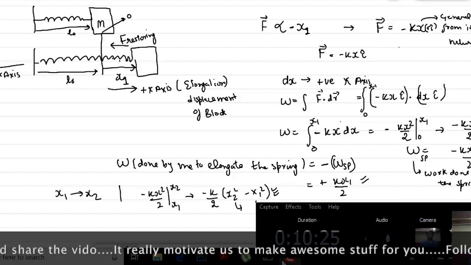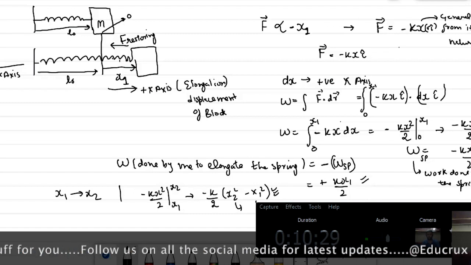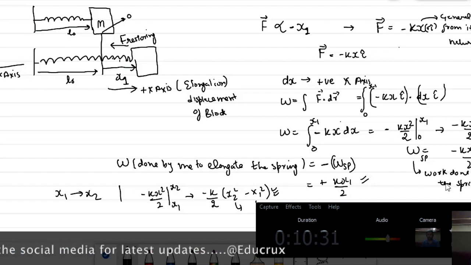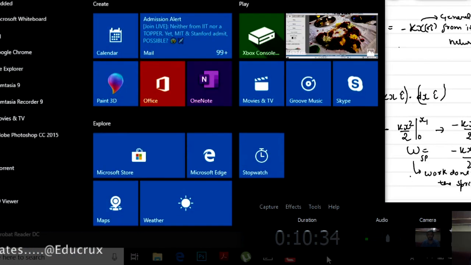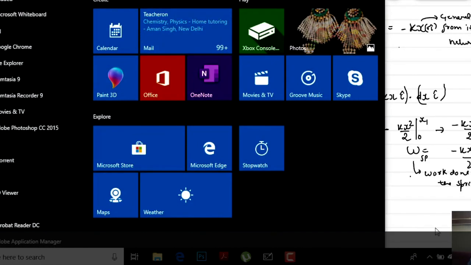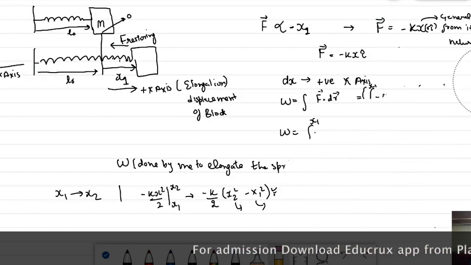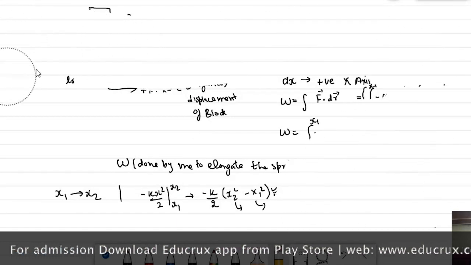Similarly, if we consider gravitational force, let us now see.